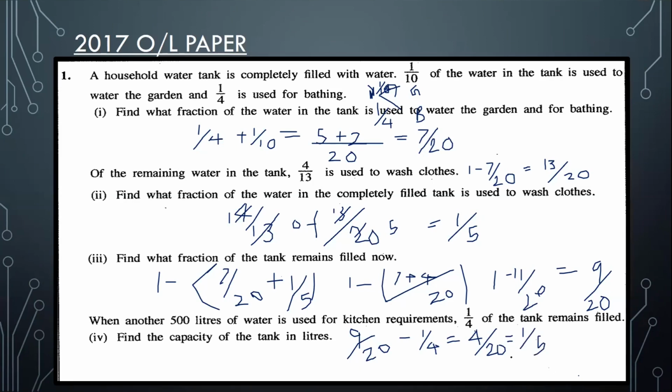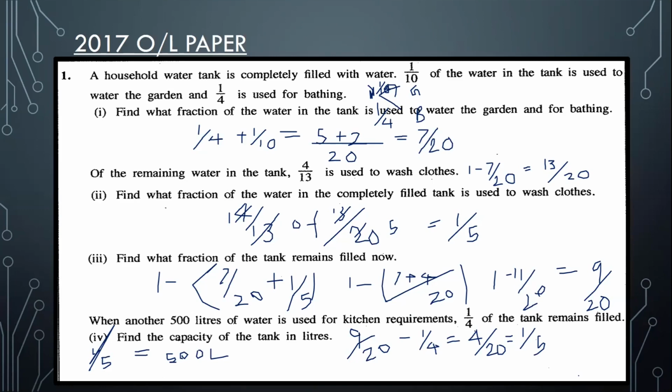So that means I'll write it here. 1 over 5 is only equal to 500 liters because they are telling 500 liters you have used for kitchen. So 1 over 5 is equal to 500 liters. So that means the total will be equal to 5 over 5, right? The capacity of the tank is 5 over 5.